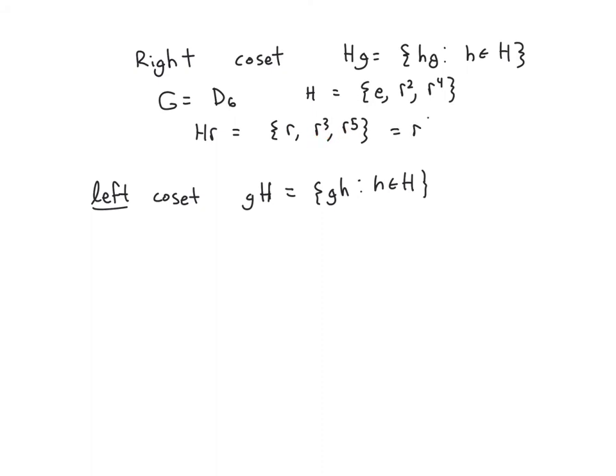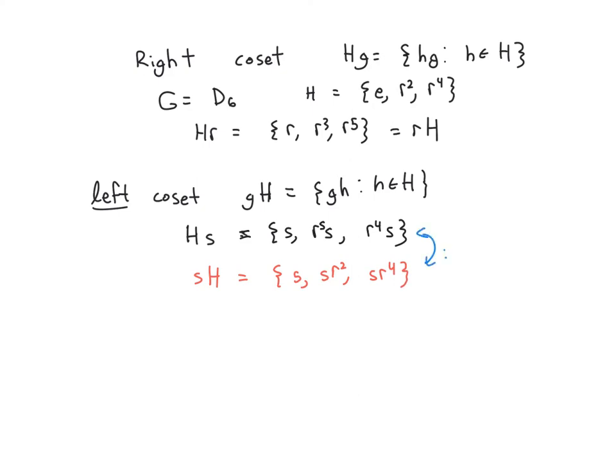That's still R times H. But I could see what happens if I look at H times S. And I get S, R squared S, R to the 4th times S. Contrast that with what I had for SH. SH was S, SR squared, SR to the 4th. Are these the same?